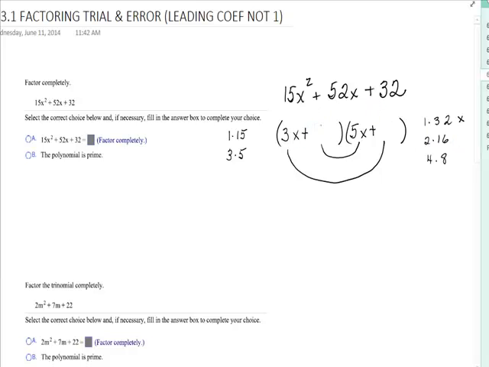Now 2 and 16. 3x times 16 is 48x, and 2 times 5x is 10x, and that would make 58x. And that's too big.